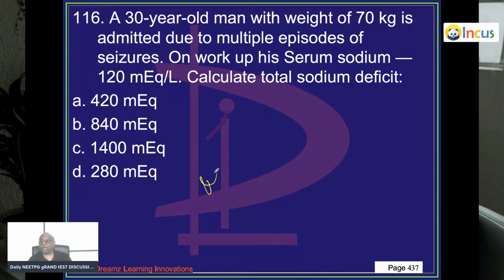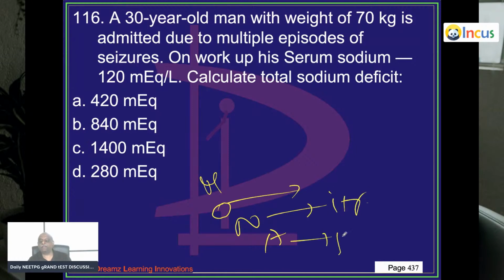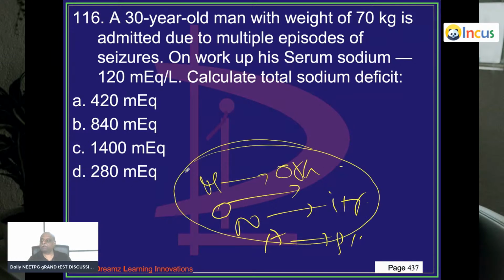What is MONA? O for oxygen, N for nitrates, A for aspirin, M for morphine. These are all the part of the treatment of MI, ischemia.